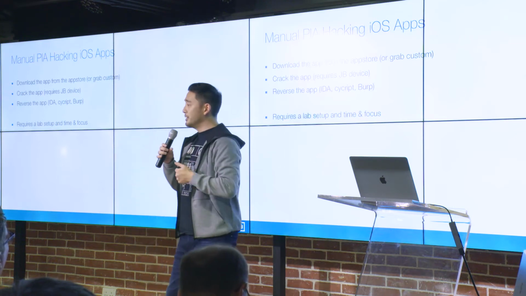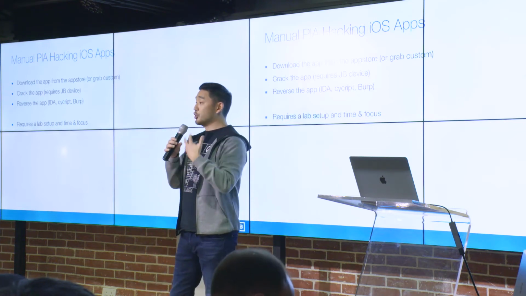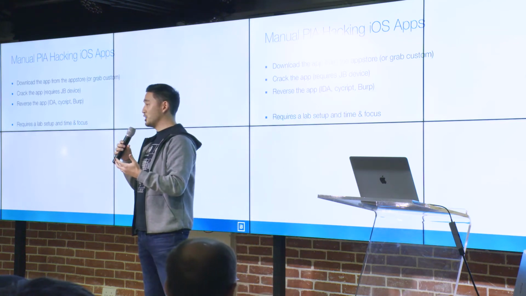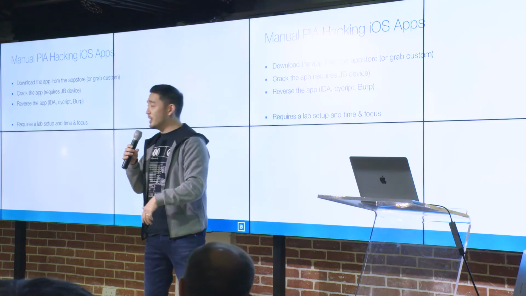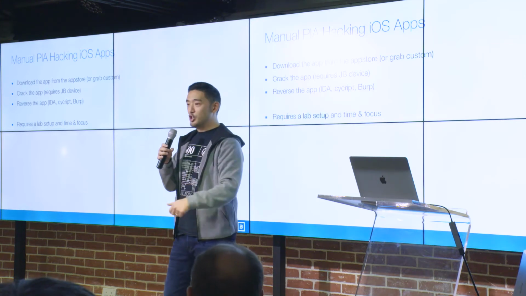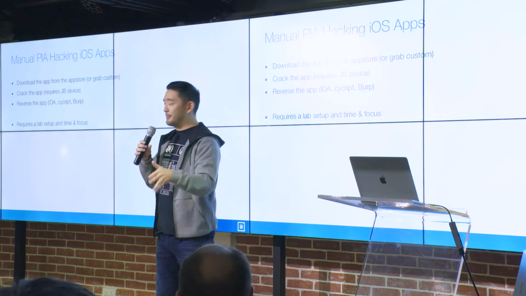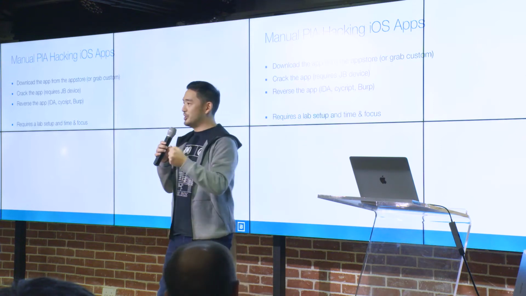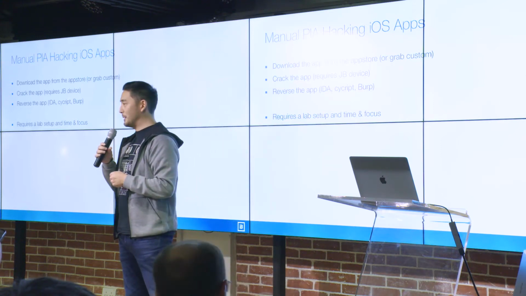You have to download this app from the App Store, and it's encrypted by default. So you have to decrypt this application from Apple. The only way to do that is to get a jailbroken device. You've got to run the app, allow Apple's hardware to decrypt it, and then you have this unencrypted binary, which is your Twitter mobile app, for example.